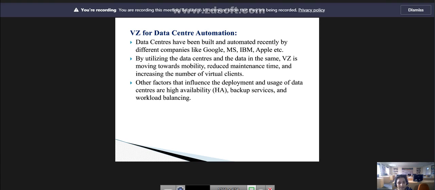Consolidation also facilitates backup services and disaster recovery. In the virtual environment, the images of the guest operating system and their applications are readily cloned and reused. Total cost of ownership is reduced. It improves availability and business continuity. So, these are the points we have to follow for data center automation.